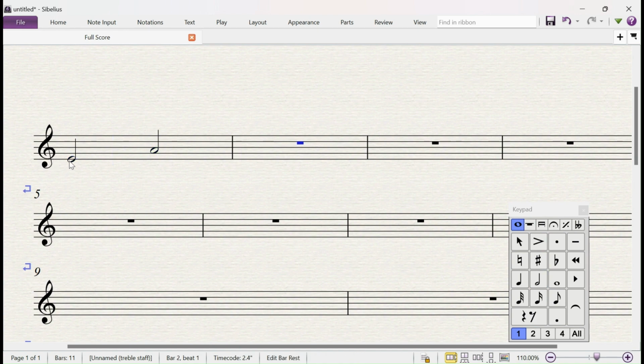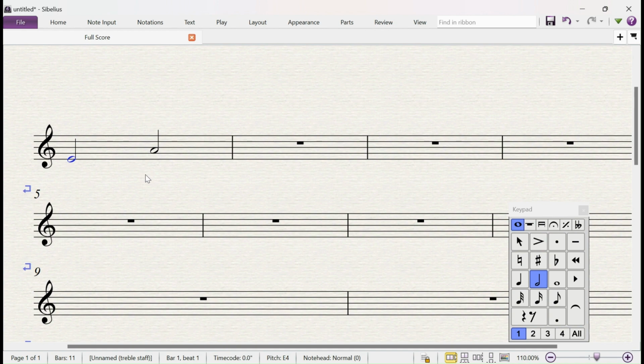So this is E, and the first thing you want to do is check the interval. It's moving from a line to a space. Line to a space is going to be an even number. If I have this E, 1, and I go all the way up to the A, 2, 3, 4, the distance is a fourth apart. So the interval is going to be a fourth.